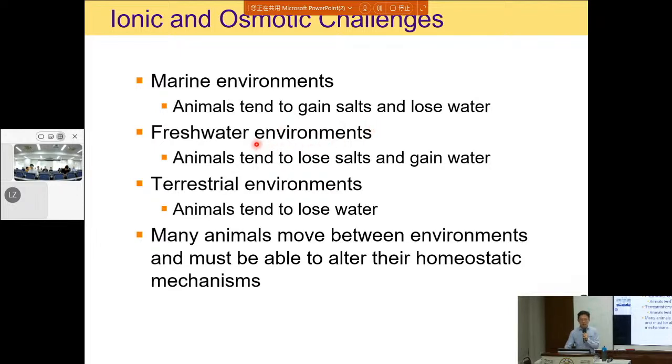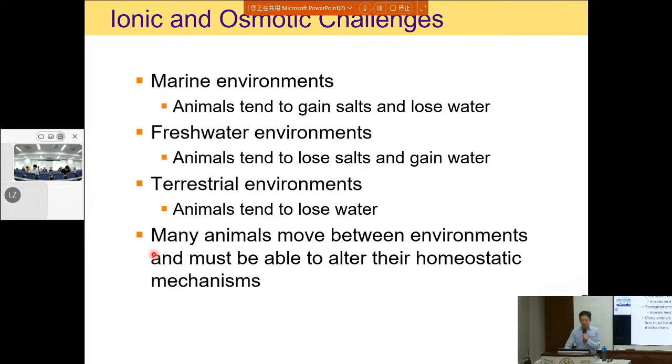In contrast, in the freshwater environment, animals tend to lose salt by diffusion, and gain water because of the difference in osmolarity. In the terrestrial environment, animals tend to lose water because water is difficult to get compared to the aquatic environment.